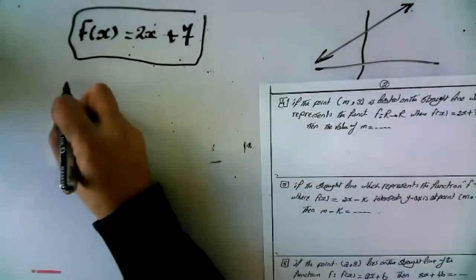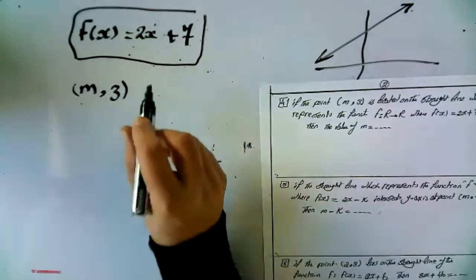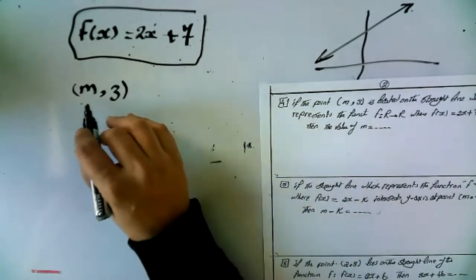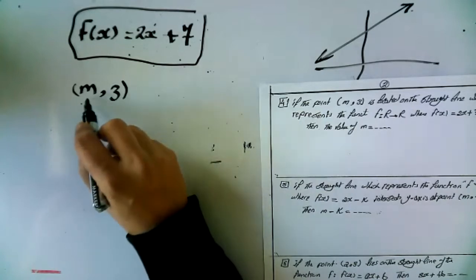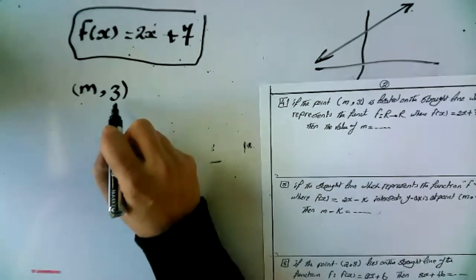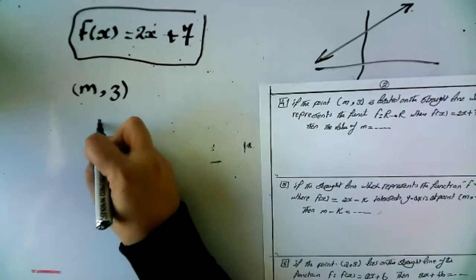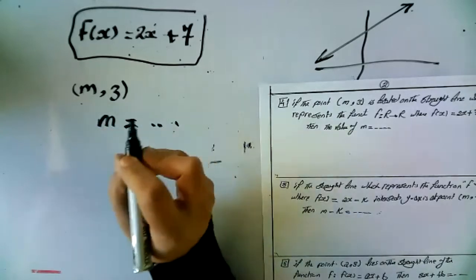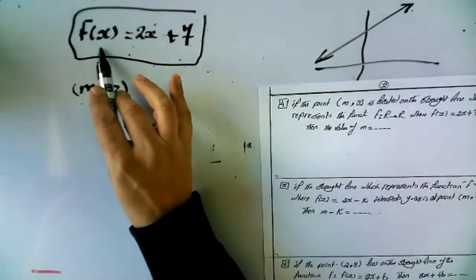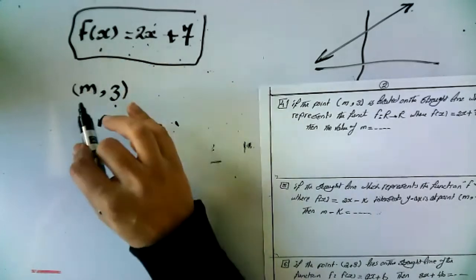The point (m, 3) lies on the straight line f of x equals 2x plus 7. m represents the x coordinate, 3 represents the y coordinate. The question is to get the value of m. We will substitute in the function f of x, which is y, by 3, and x by m.